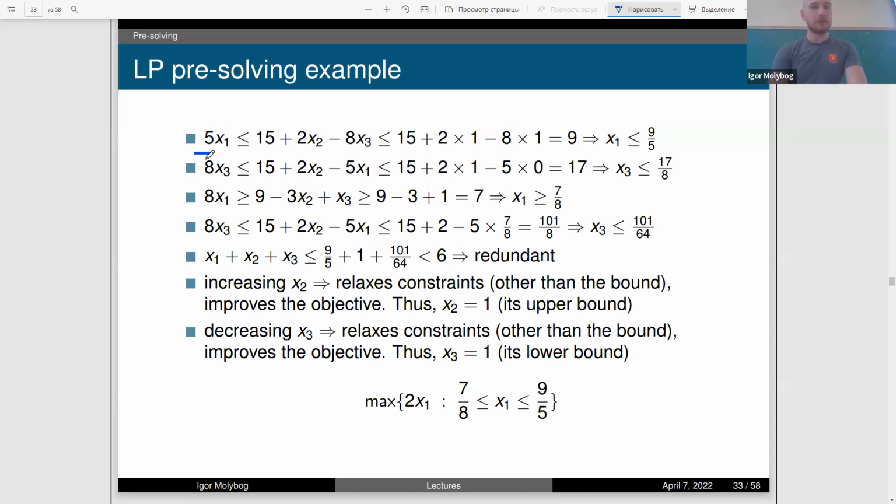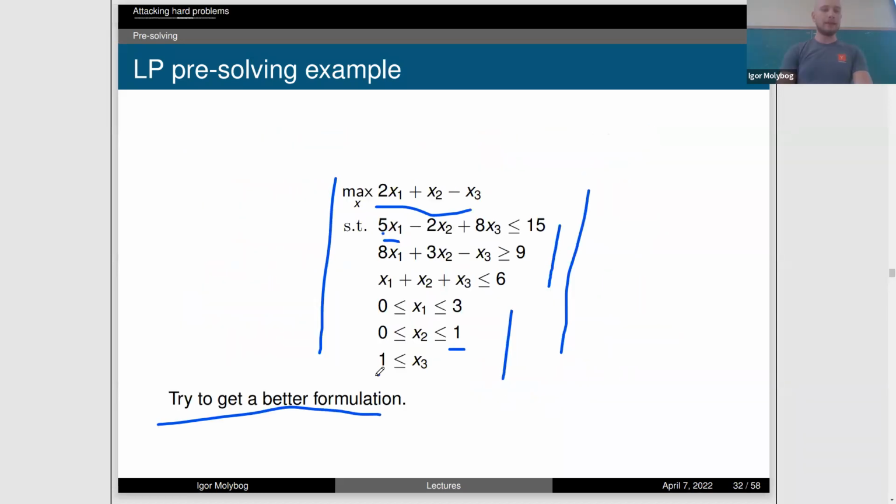Basically, you just put everything that is related to x2 and x3 on the right hand side, and then you can use the bounds.